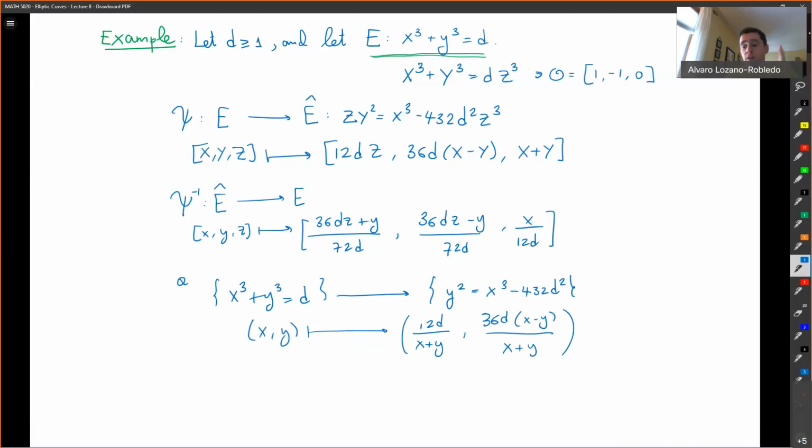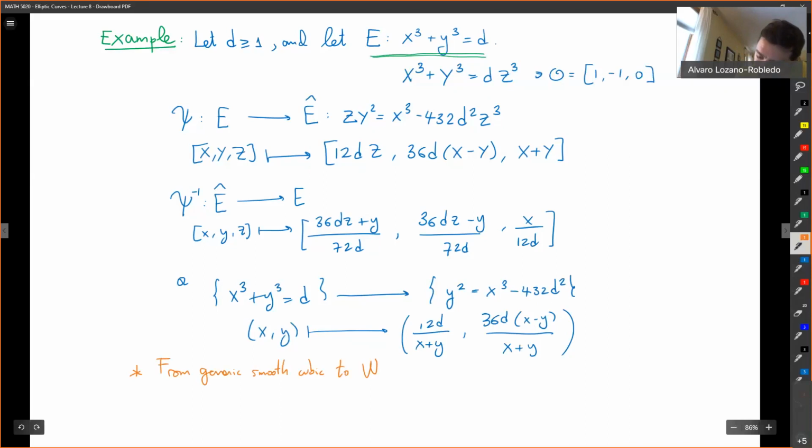The way you change variables, I'm not going to explain here in this class how you do that, but if you want to see it done, so how do you go from a generic smooth cubic to Weierstrass form?